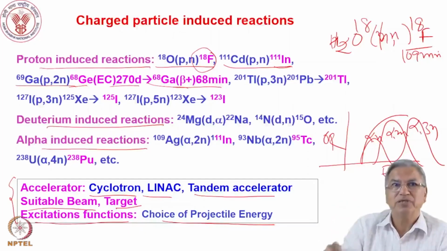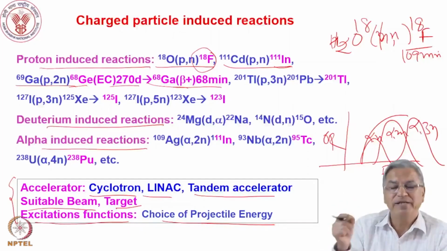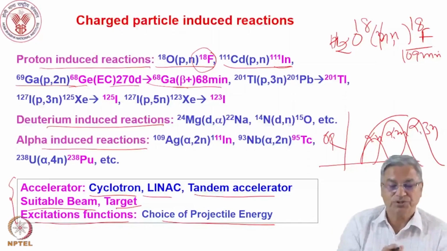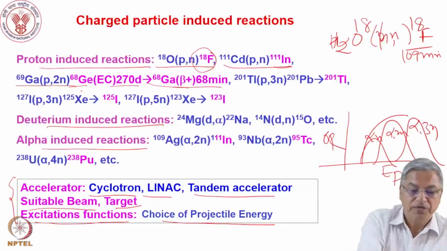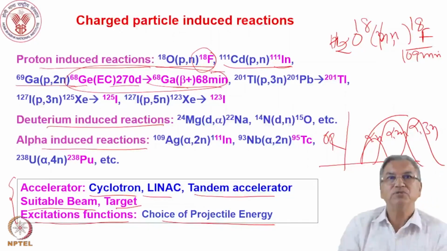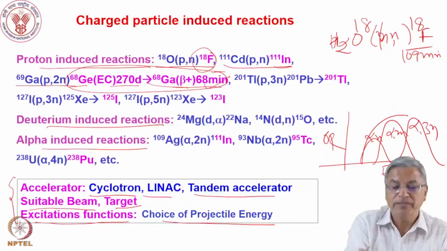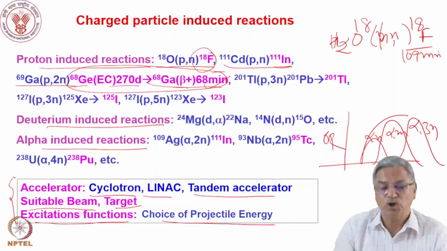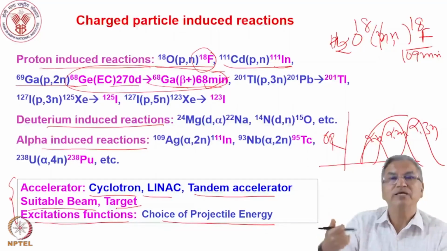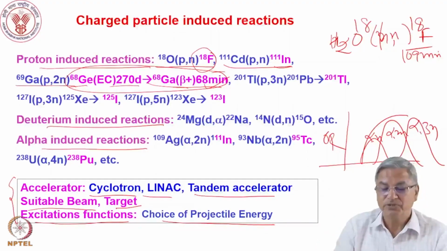Any short-lived beta plus emitter is ideal for positron emission tomography diagnosis. So you can have a germanium-gallium generator system, because you have to supply gallium-68 to hospitals. In the hospital, you can have a germanium-68 column and go on milking gallium-68 every few hours.